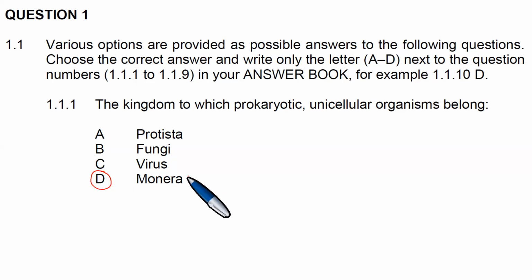And therefore, that is the correct option here. Okay, so that's one thing you need to note. So I'm here to look at a thorough discussion on different kingdoms to which, for instance, the prokaryotic or unicellular organisms belong, and multiple other kingdoms.